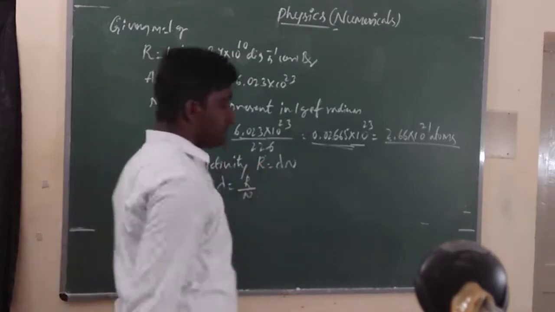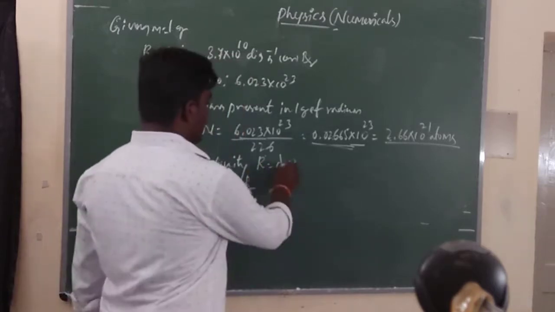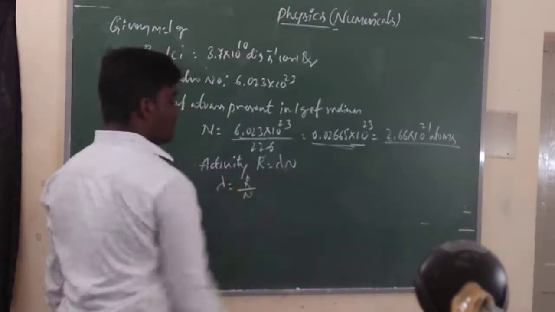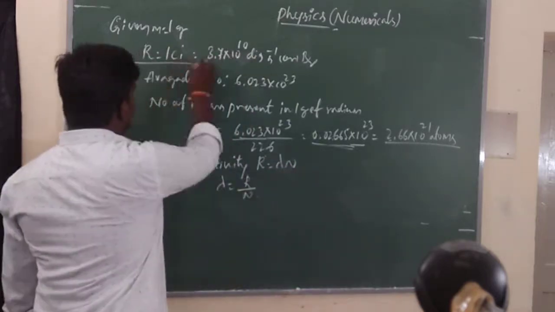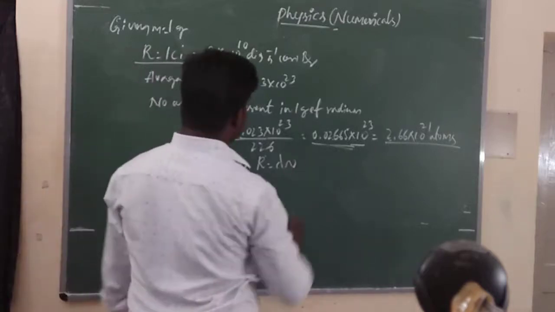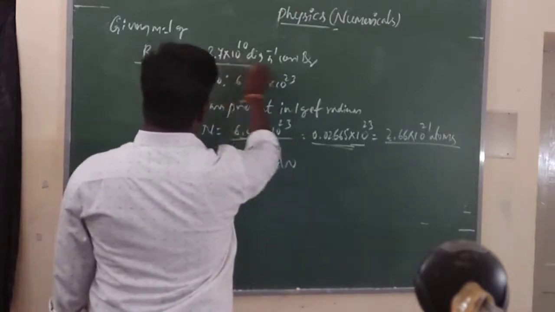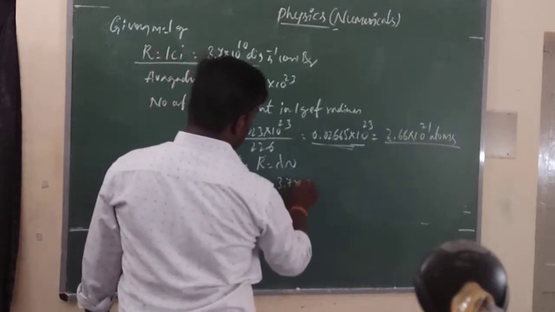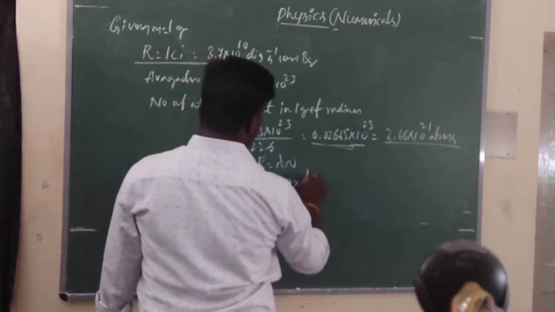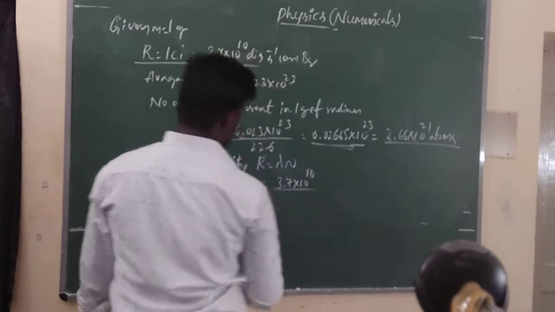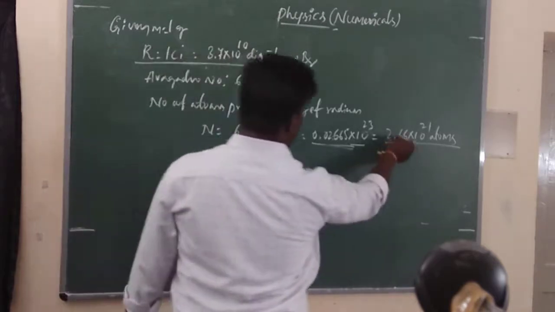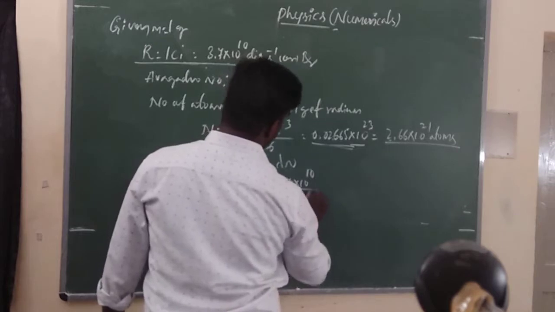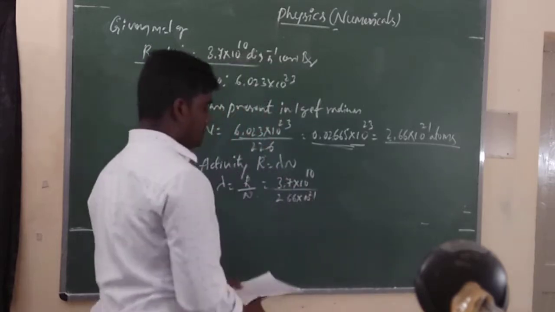Here R is the radioactivity, lambda is the decay constant, and N is the number of atoms present. Already they have given radioactivity is 1 curie. 1 curie is nothing but 3.7 into 10 to the power of 10. Number of atoms present is 2.66 into 10 to the power of 21 atoms.